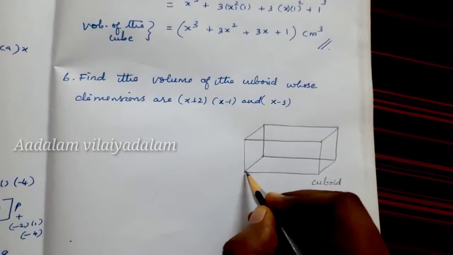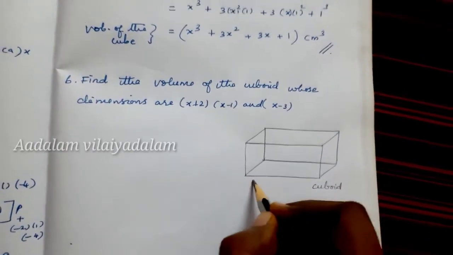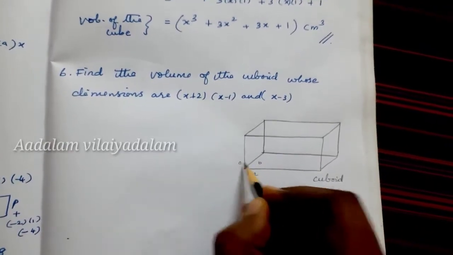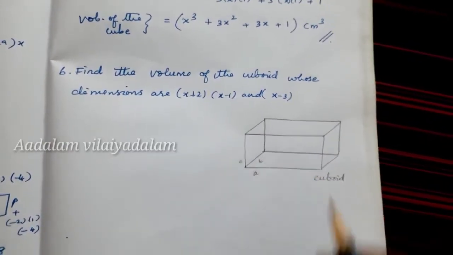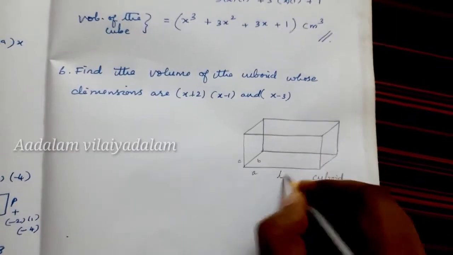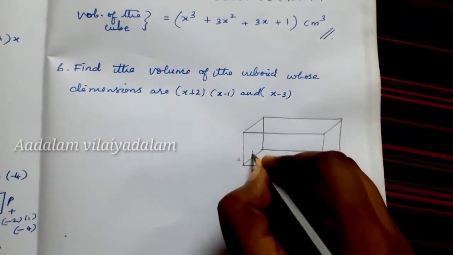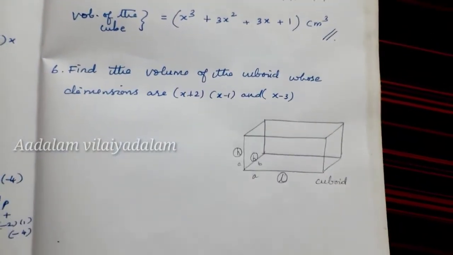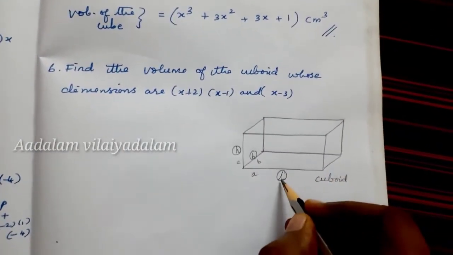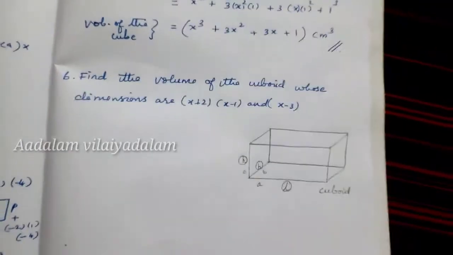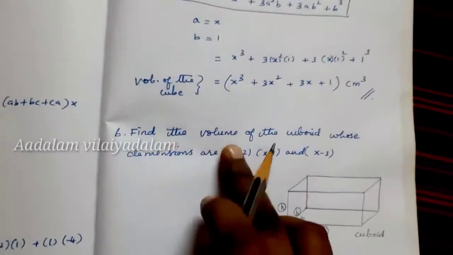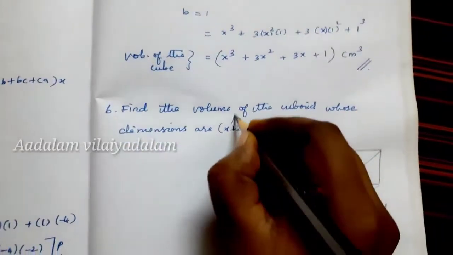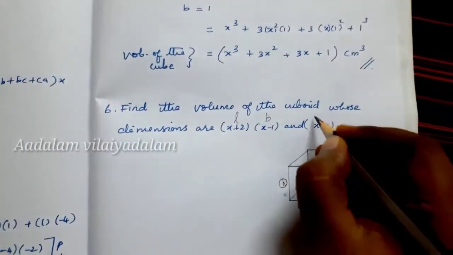So there are 3 axes, that is A, B, C, or we can name them L, B and H. So the suitable one is L, B, H. Now find the volume of the cuboid whose dimensions are these.